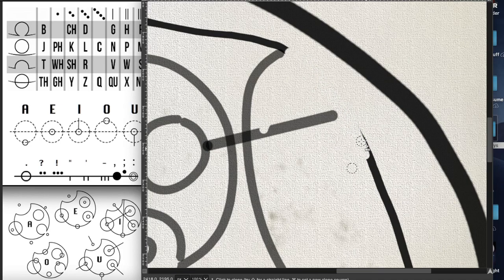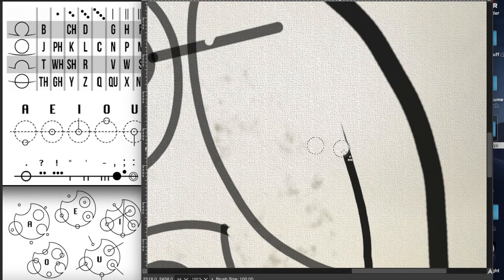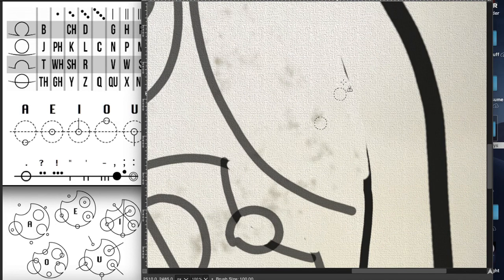I should have made my brush bigger. To not take forever, but yay for it actually doing something.